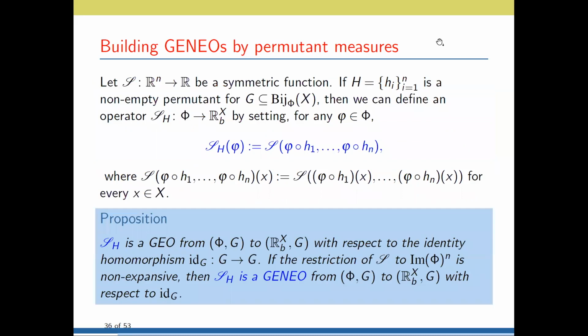Now, what happens if we have a symmetric function in place of a weighted average? Let us call S this function. And so S is a symmetric function from R^n to R. Assume that we have a non-empty permutant H for the group G. Then we can define an operator S_H by setting, for any admissible signal phi, S_H of phi equal to S of (phi composed h1, ..., phi composed hn).